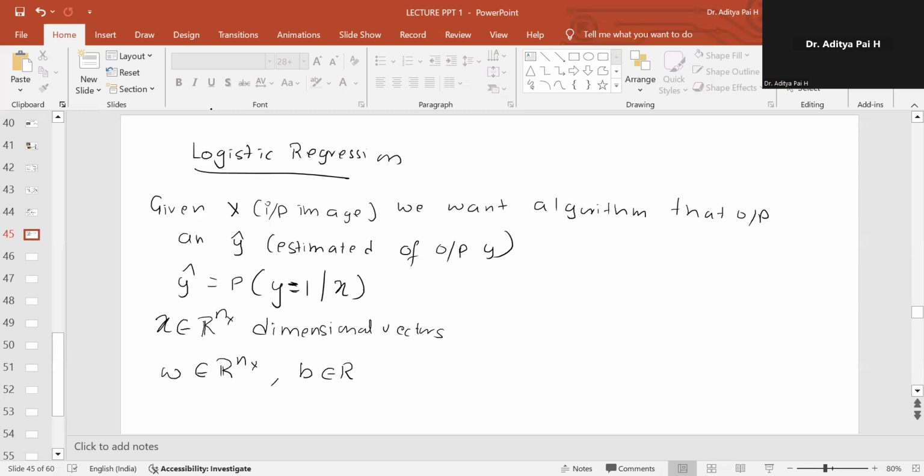So to generate the output y hat, y hat is nothing but W transpose X plus B. So this is the linear function of input X, and this is used especially in linear regression.